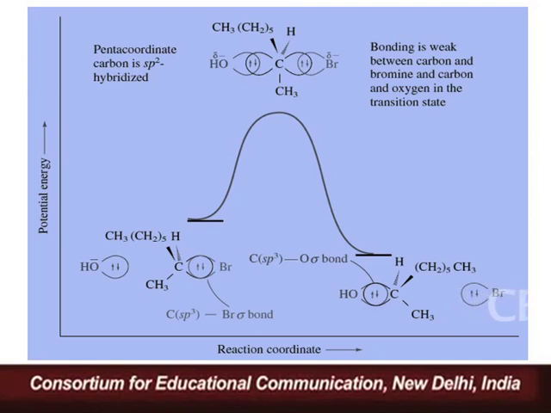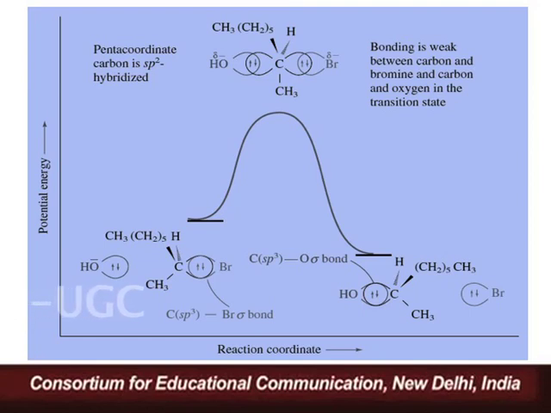Whereas if we look at the highest energy level, that is occupied by the transition state, because the transition state is highly unstable and in this case, carbon is pentavalent.